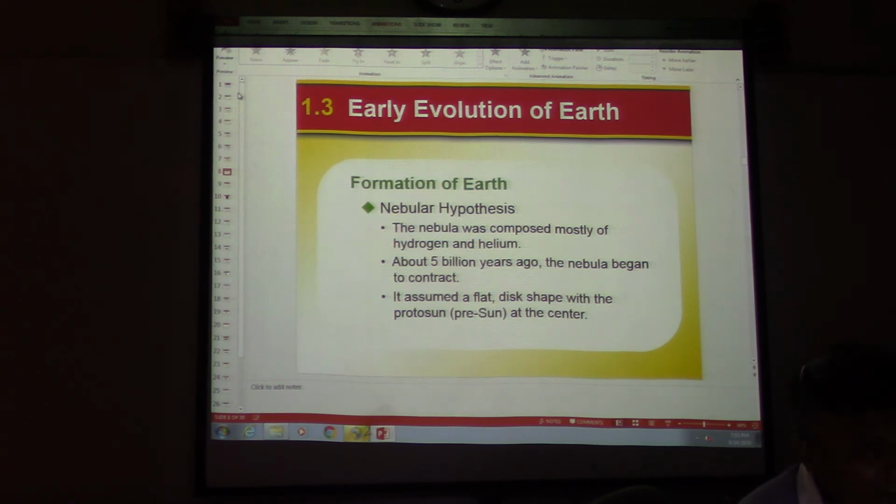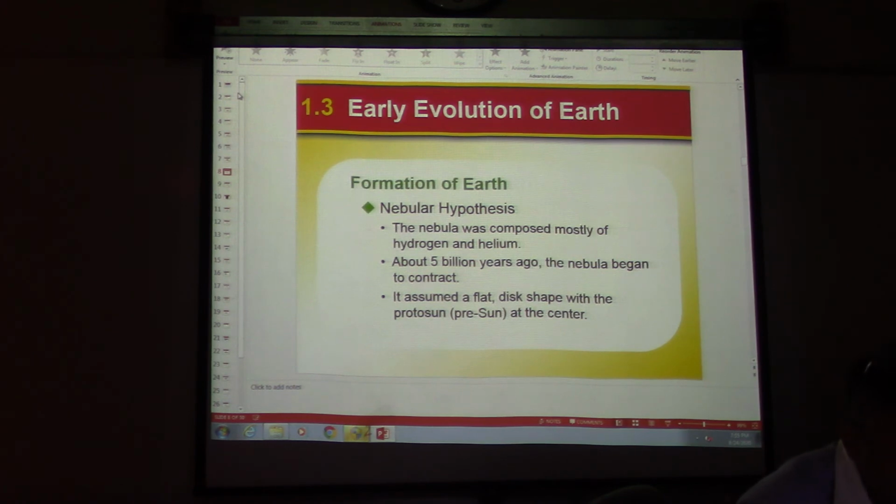About 5 billion years ago, the solar nebula began to contract. These were rotating clouds of gases. According to Big Bang theory, one fine day, because of the energy, a large explosion took place, and energy was released in all directions, giving rise to the birth of the solar system.